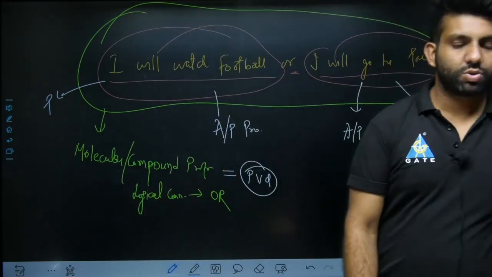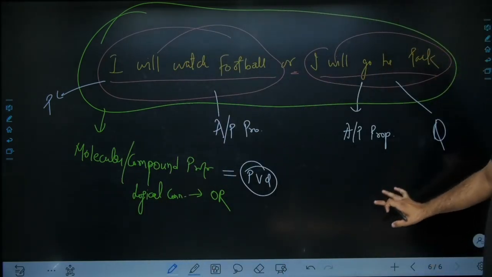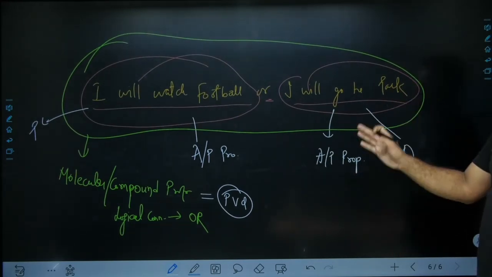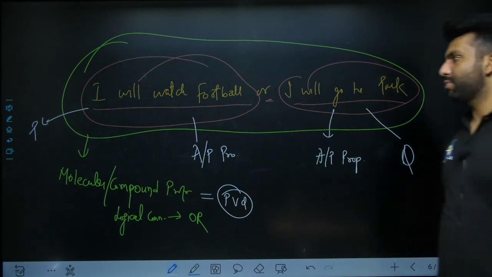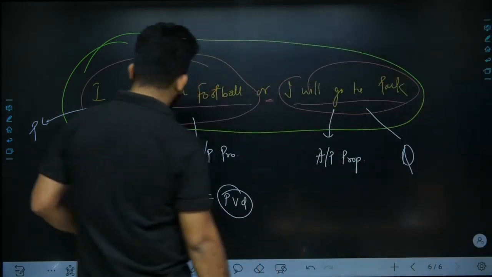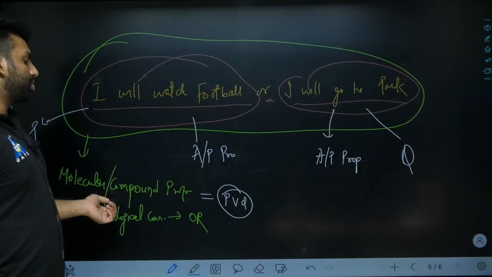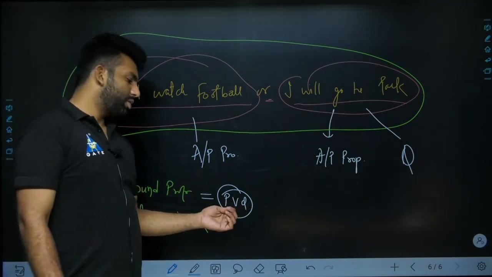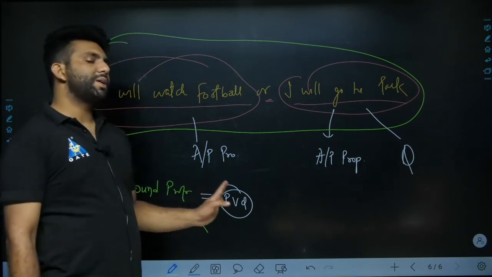So this was about molecular or compound and atomic or primitive propositions. A molecular or compound proposition can be broken into further atomic propositions, like this one can be divided into P separately and Q separately.